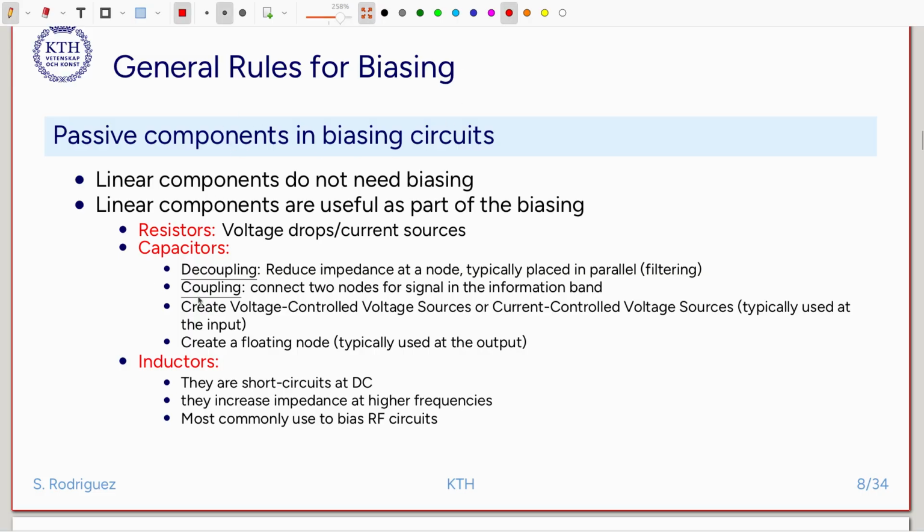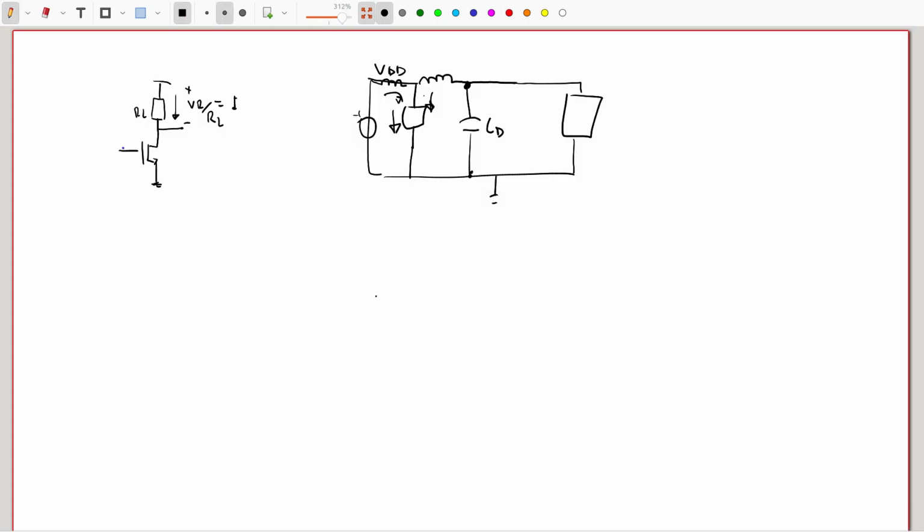Then they can also be used as coupling capacitors. They connect two nodes for signaling the information band, and we can probably reuse our amplifier here. So if we have a load here, we can call it R1, and I typically cannot connect it directly because it will have a direct DC path from VDD to ground.